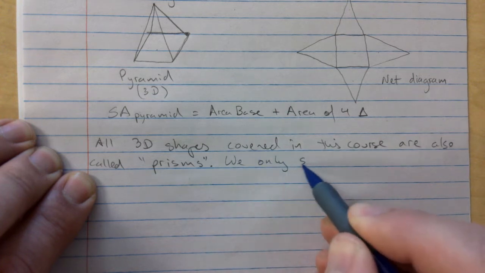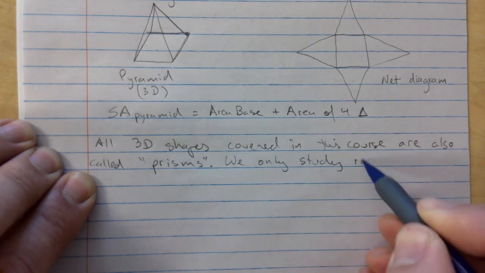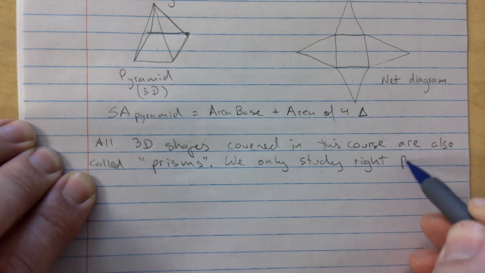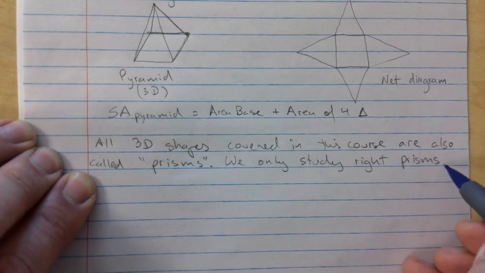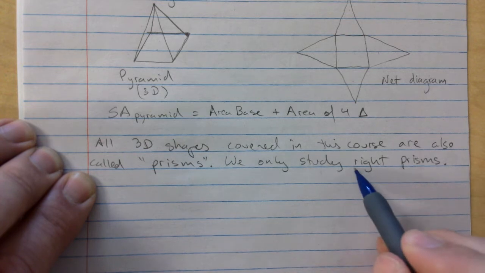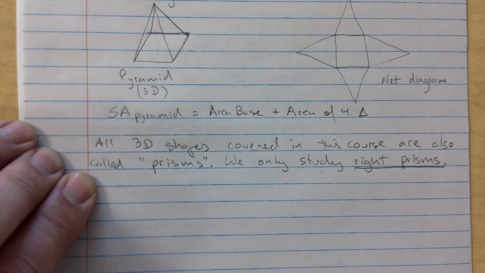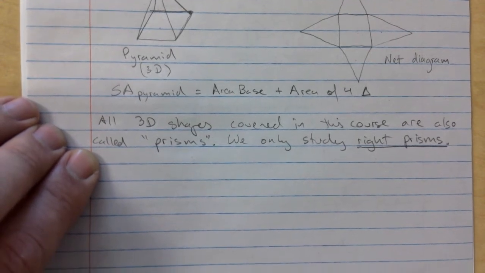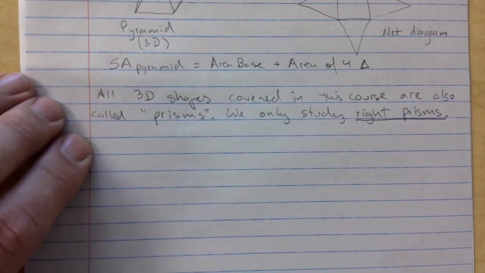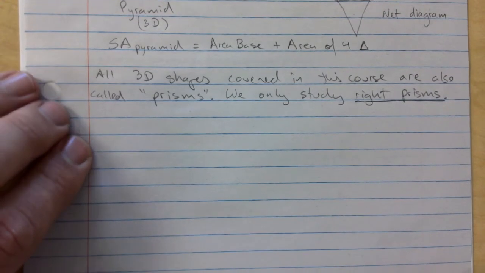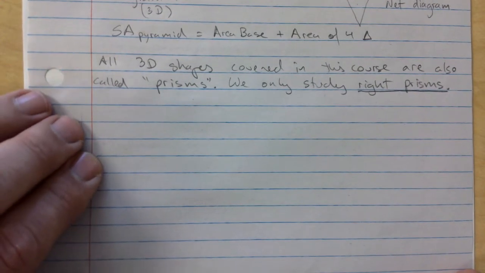We only study right prisms. That just means that the height of this thing will always be measured at 90 degrees with the horizontal, with the ground. So there isn't any inclined prism or anything like that.